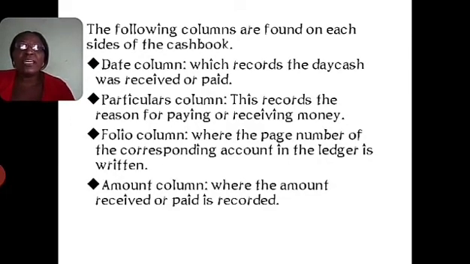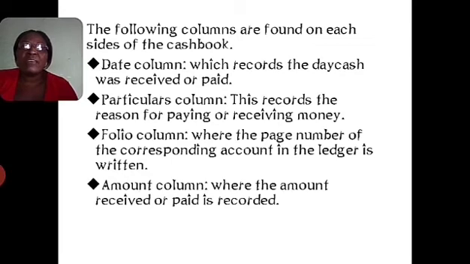The following items can be found in both sides of the cash book. The first column, you have the date column, which records the day the cash was received or paid. Then the second column is the particulars column.